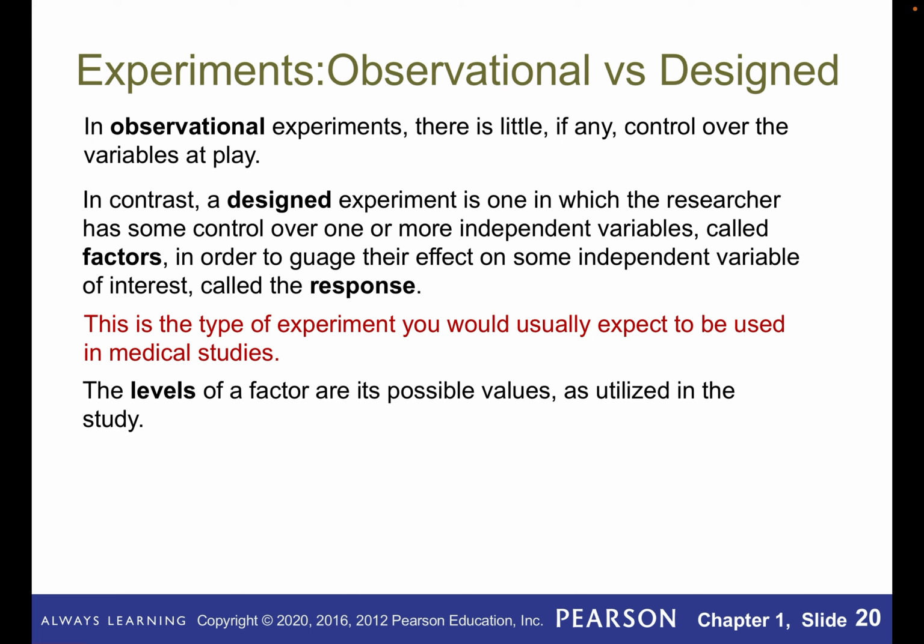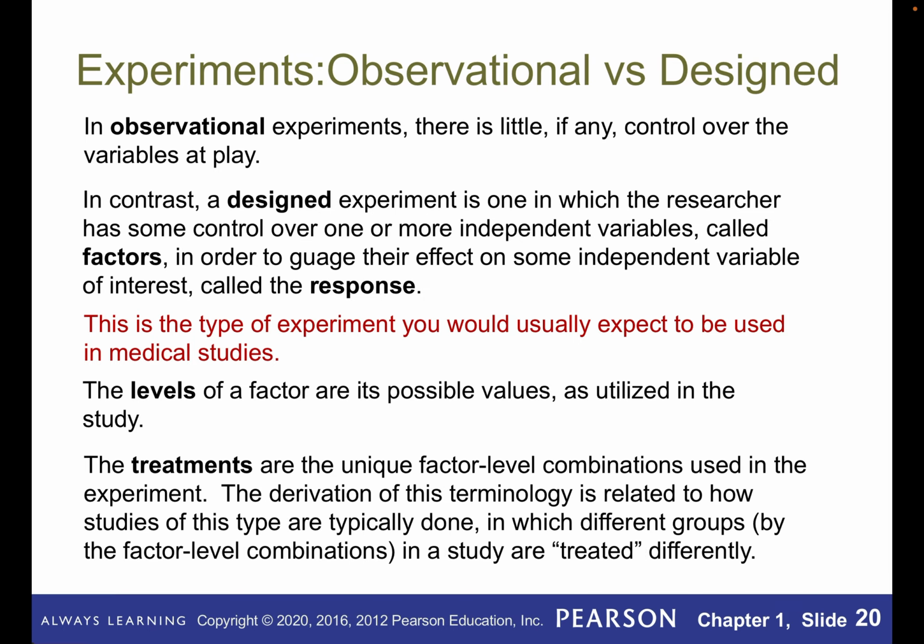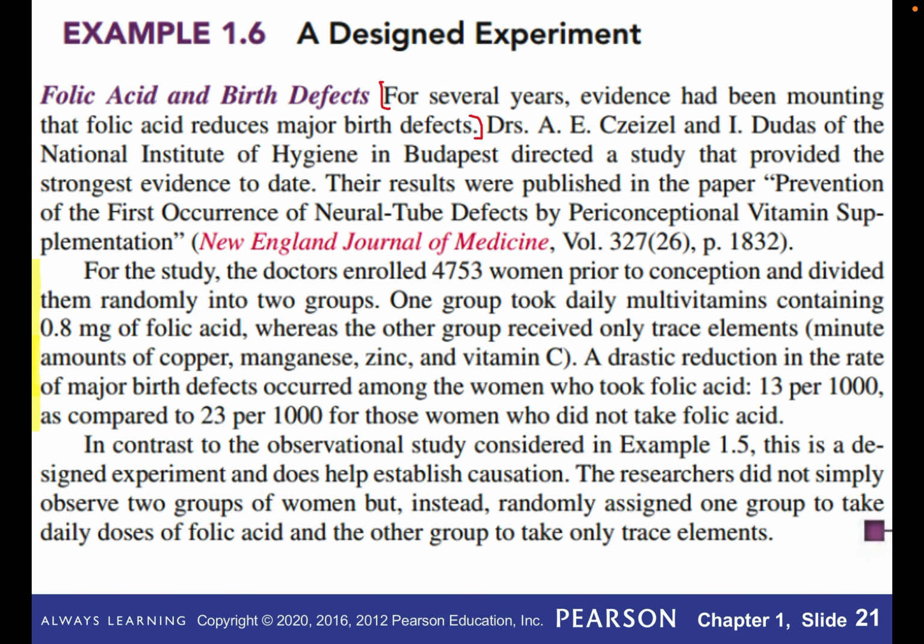The levels would be maybe 10 milligrams and 20 milligrams dosages of the new medicine. The treatments are really the unique factor level combinations. The reason why these are called treatments is related to how these studies are typically done, as we will see.